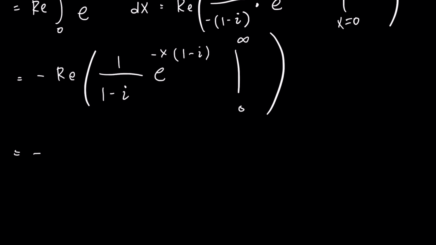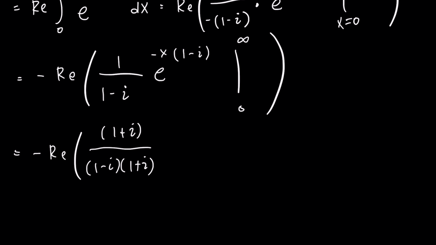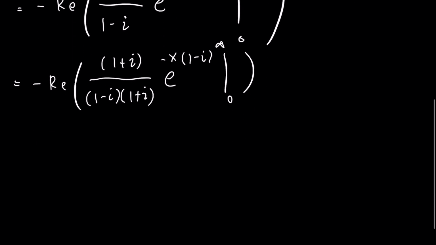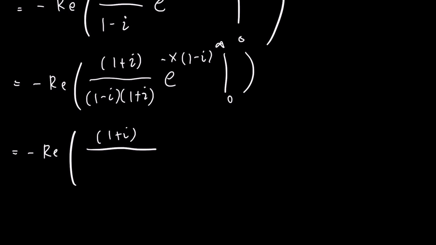And now we have minus the real part of 1 minus i times 1 plus i over 1 plus i times e to the minus x times 1 minus i from 0 to infinity, which is equal to minus the real part of 1 plus i times 1 times 1 is 1.